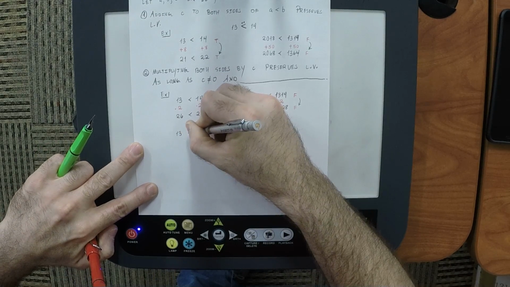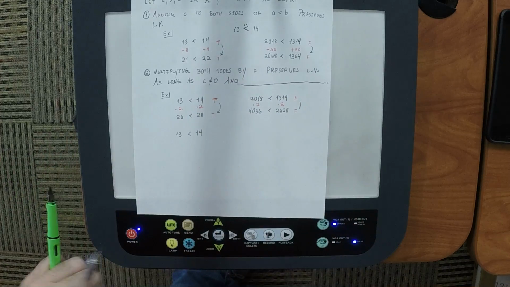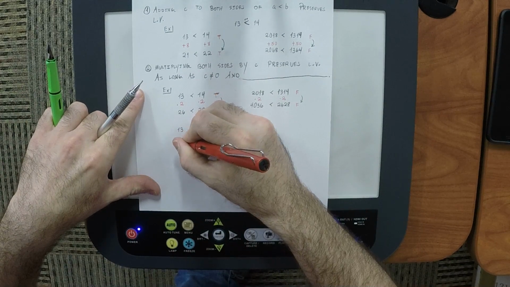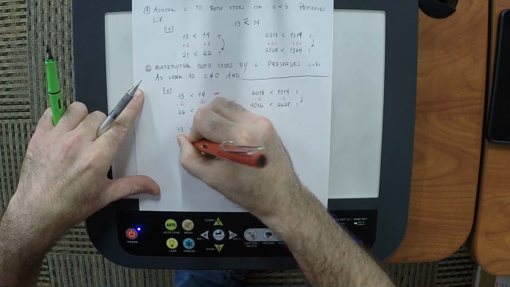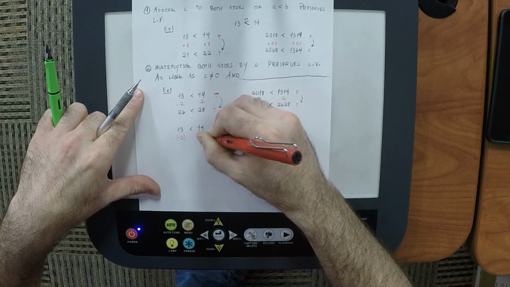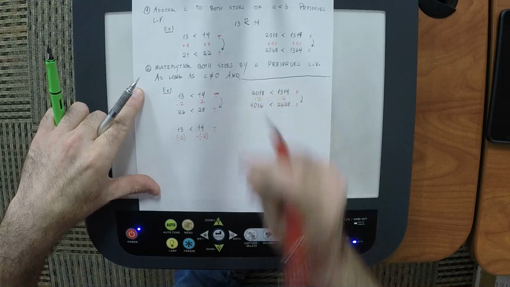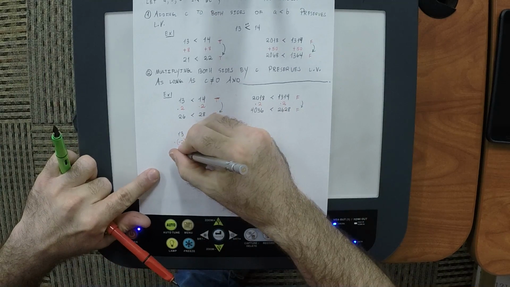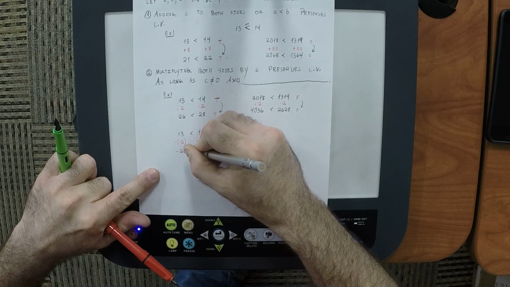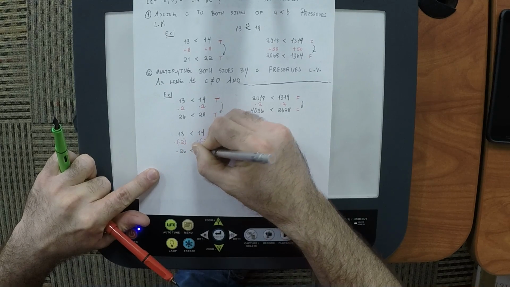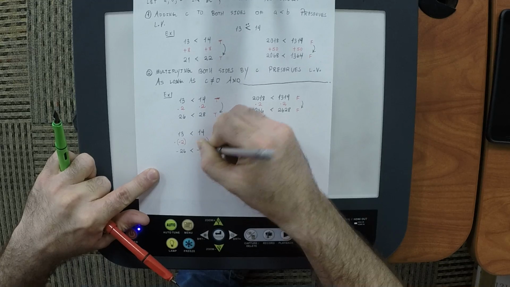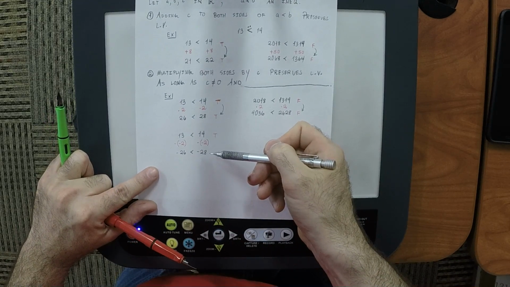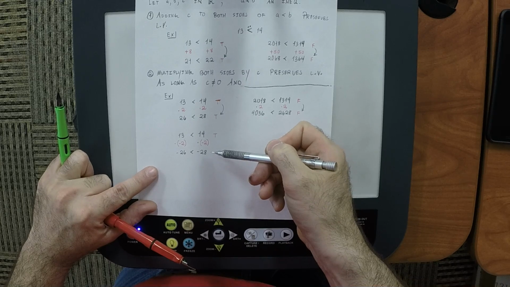How about this? 13 less than 14. That is an inequality whose logical value is true. Suppose now we multiply by -2. Then the left-hand side is -26, and the right-hand side is -28. Now, here's an inequality, and my question is what is its logical value?